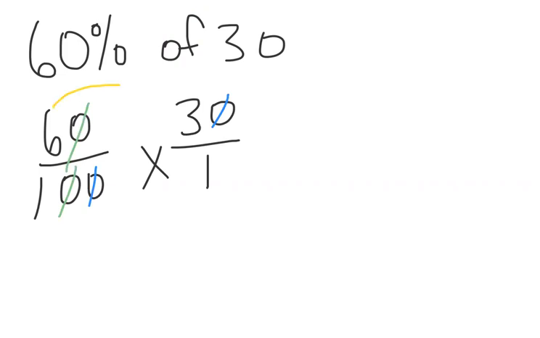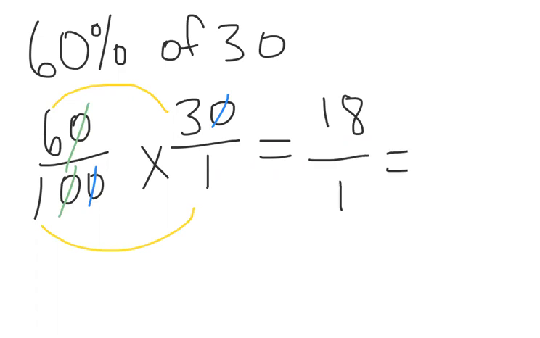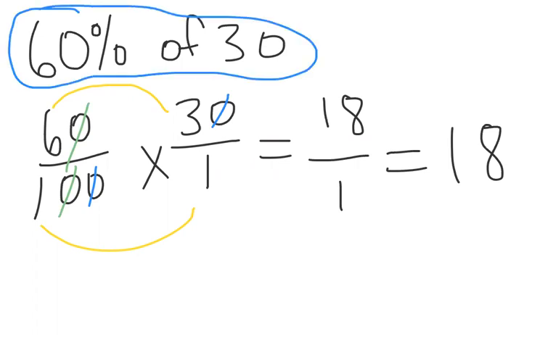So here you have 6 times 3. That is 18. 1 times 1 gives us 1. So the answer is just 18. Just keep in mind, we're dealing with 60% of that, and for that they just want the answer, and that is 18.